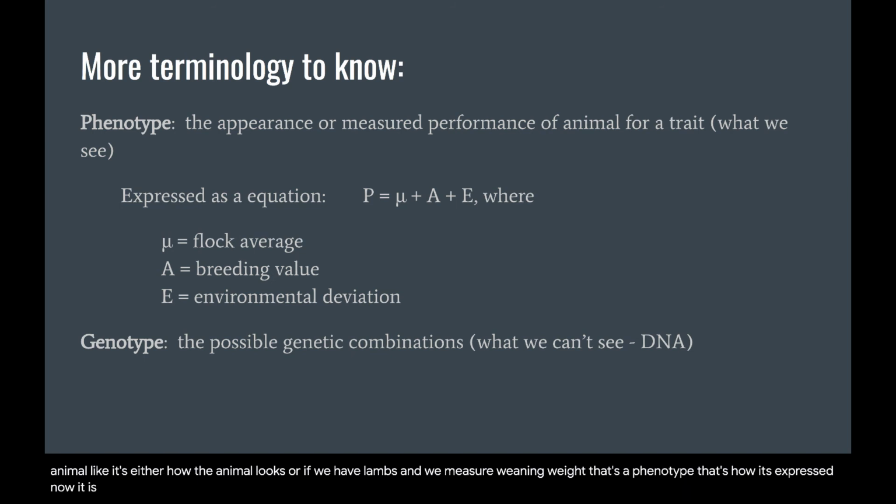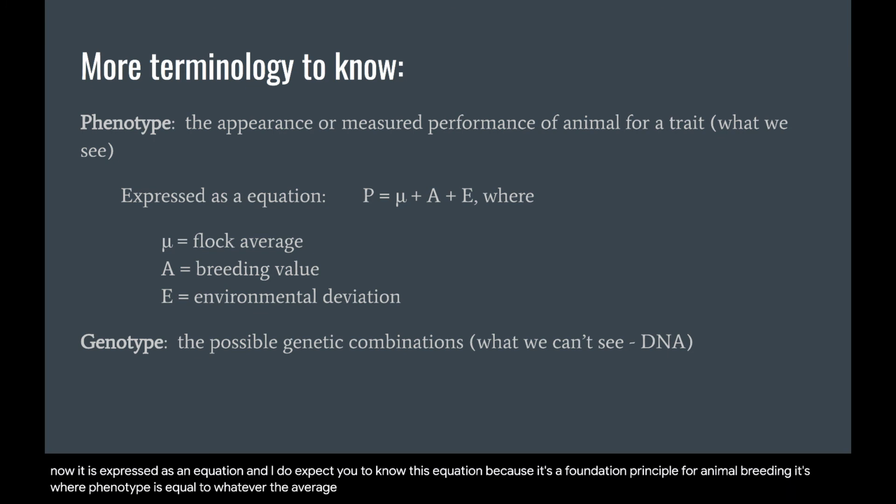Now, it is expressed as an equation, and I do expect you to know this equation because it's a foundation principle for animal breeding. It's where phenotype is equal to the average of the flock plus the breeding value plus the environment. So phenotype is basically the result of genotype plus the environment.